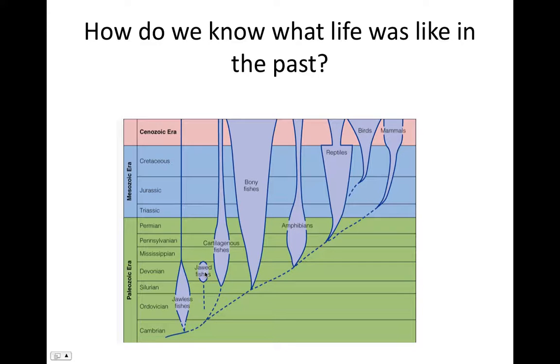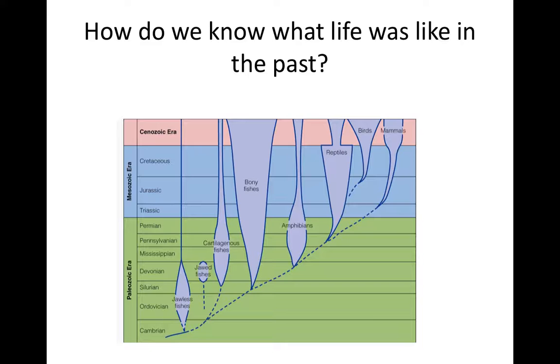Then we have jawed fishes, which include cartilaginous fish like sharks, skates, and rays, and bony fish, which are most other fishes you think of, like cod, goldfish, anything else. From them come amphibians, and from amphibians evolved reptiles, and reptiles evolved mammals, and also birds. So this is basically a map that describes which vertebrates evolved from which and when.